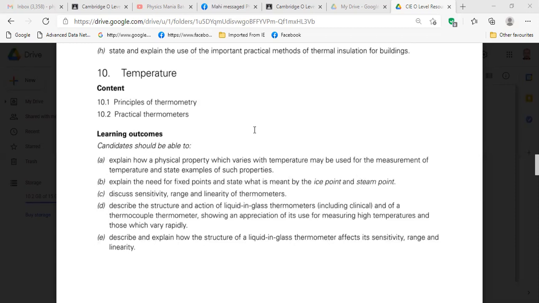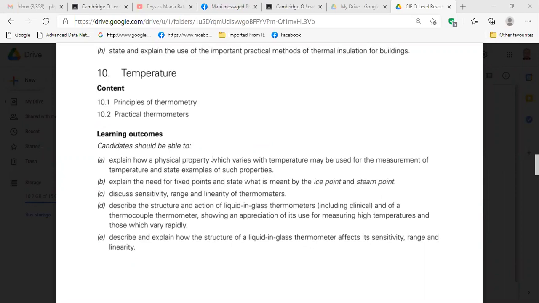Okay, is it clear? Hello. So here we used some properties, like here is written, explain how a physical property which varies with temperature may be used for the measurement of temperature, and state examples of such properties. So in our discussion we brought three examples.